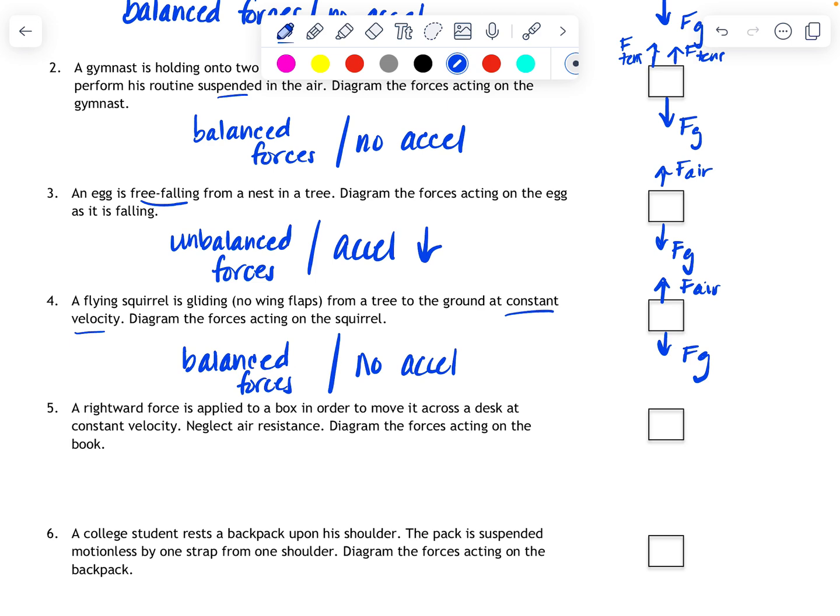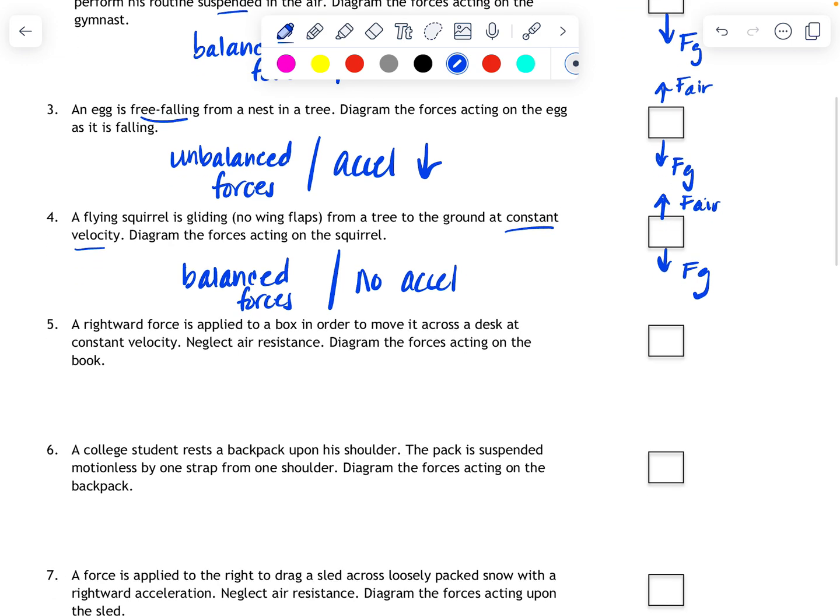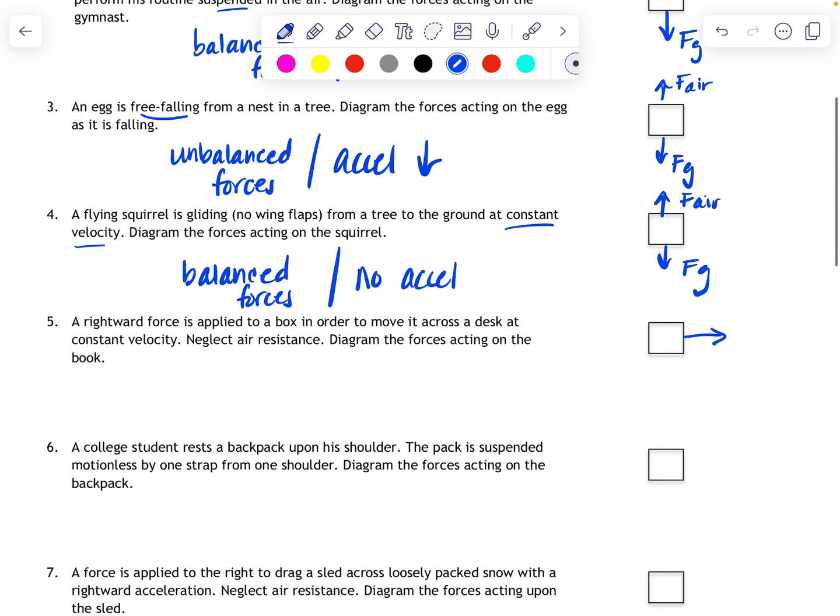A rightward force is applied to a box in order to move it across the desk at a constant velocity. So we have a force going that way. Again, constant velocity, balanced forces, because there's no acceleration. It says neglect air resistance.